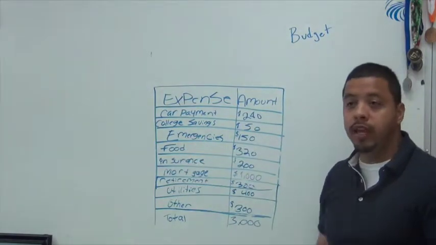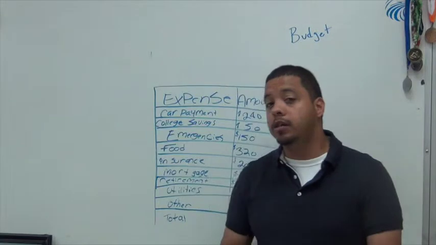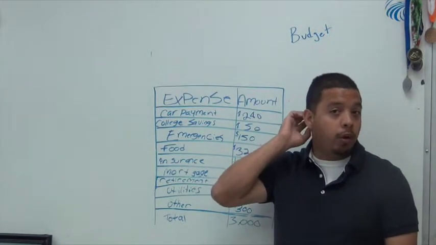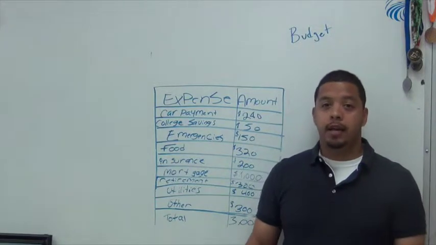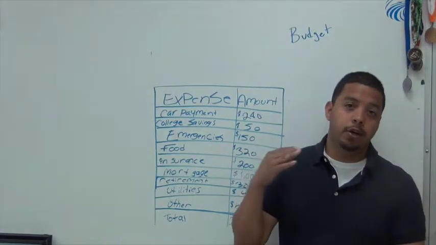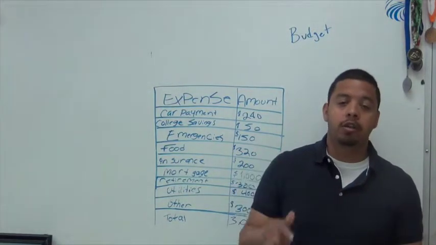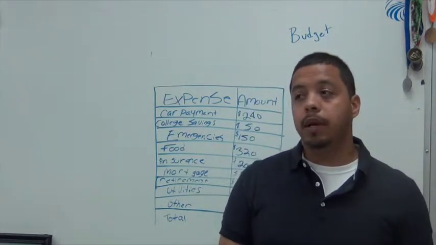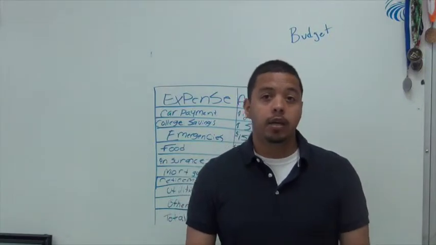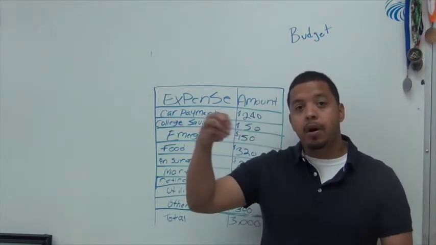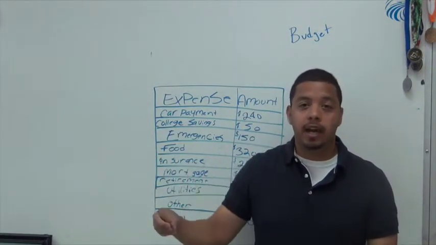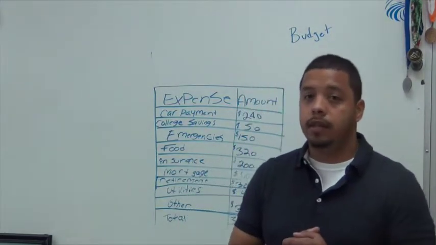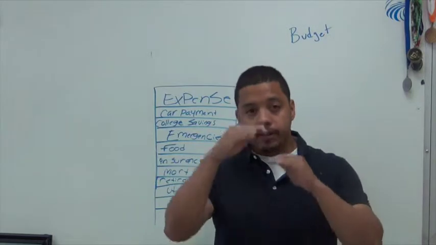The first one most kids start understanding is their cell phone bill. As soon as you start working, most good parents start charging you for your cell phone. I know when I got a cell phone and started earning money, that's the first thing I started paying. So that starts being part of your budget. You have to put money aside to pay for your cell phone, and that's always good to plan out.